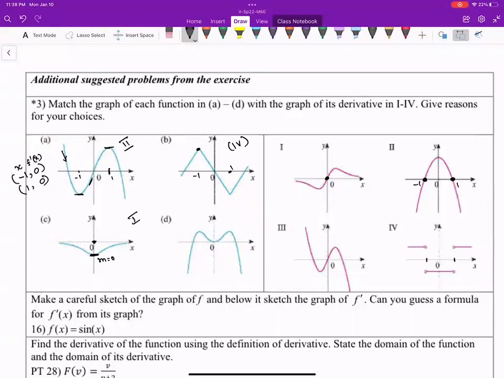The last one, D. You have an increasing slope, so positive, and then at say -0.5 you have a horizontal slope. And then at 0 also you have a horizontal slope. Then at 0.5 you have a horizontal slope, because m equals 0 there. So this definitely looks like number 3.